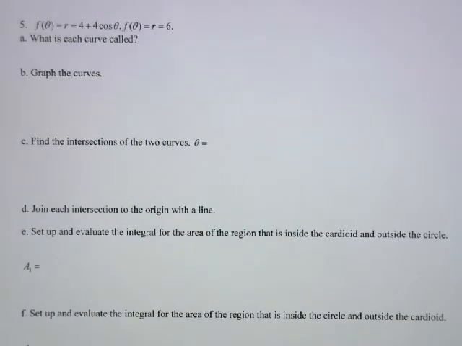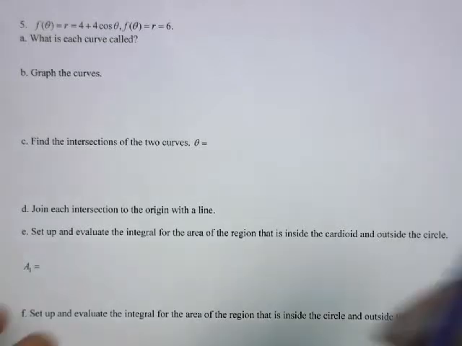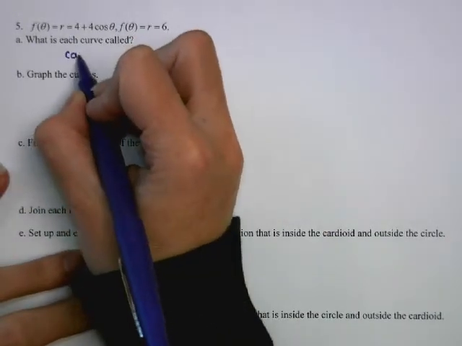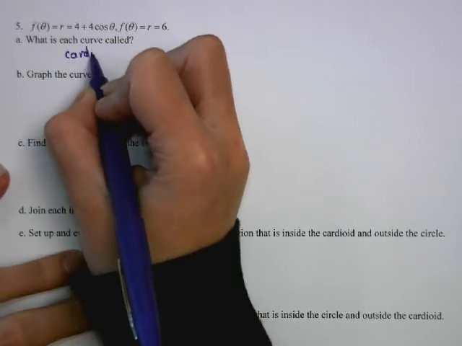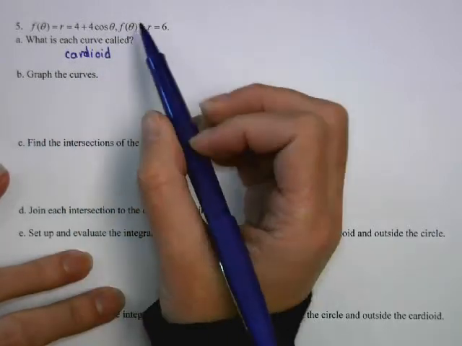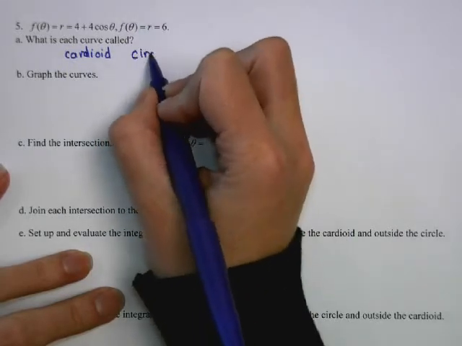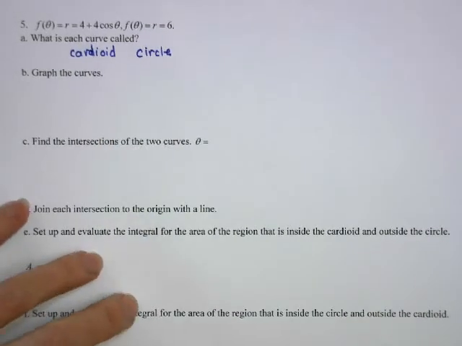So now we're going to do a problem that involves two curves. So we have r equals 4 plus 4 cosine theta, which is a cardioid. And we have r equals 6, which is just a circle at 6. So we're going to graph these.